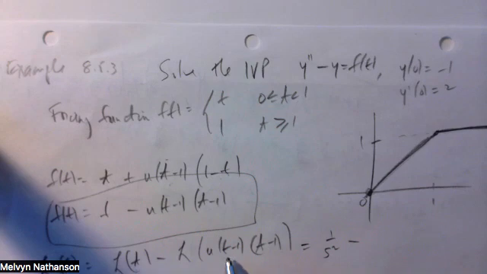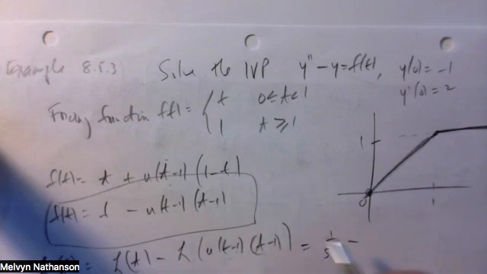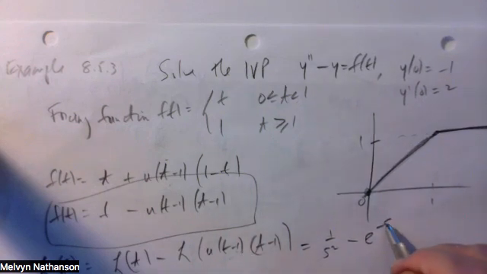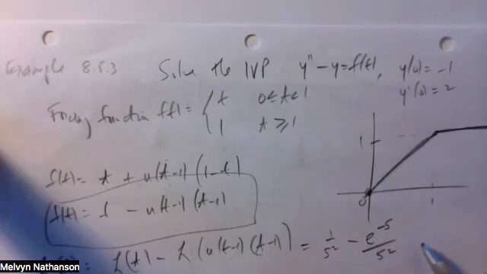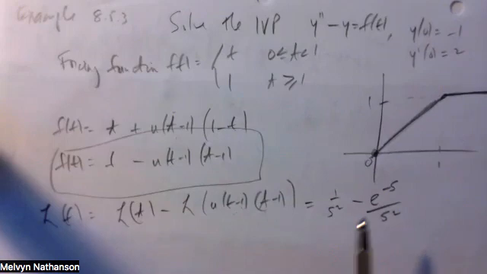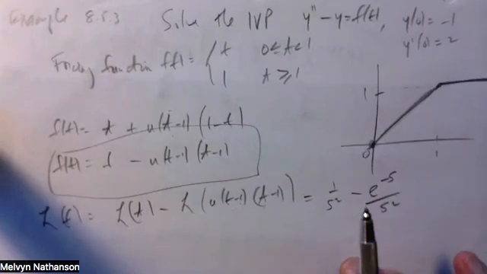And the Laplace transform of u of t minus 1 times t minus 1, this is like u of t minus tau, with tau equal to 1. So I get an e to the minus 1 times s, or e to the minus s, times the Laplace transform of t, which is 1 over s squared. So this is the Laplace transform of f.